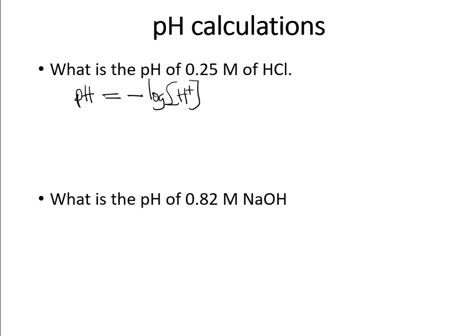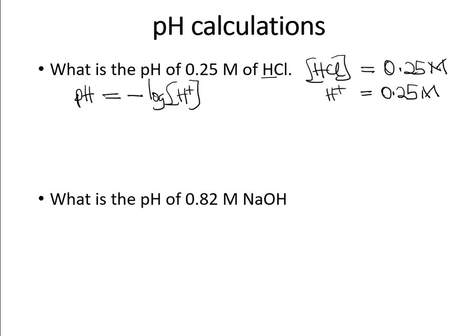So the concentration of HCl is equal to 0.25 molar. This is the same concentration of H plus, because this is the H we are talking about.